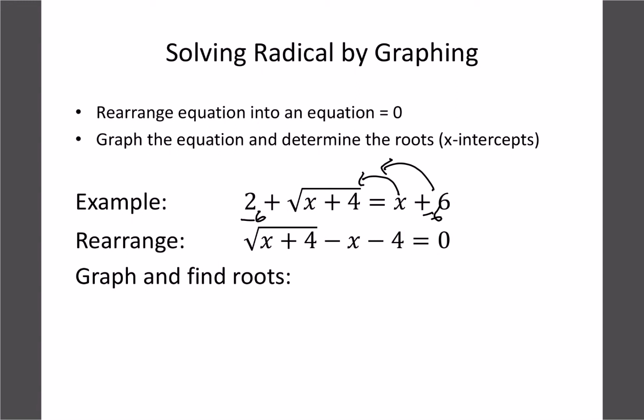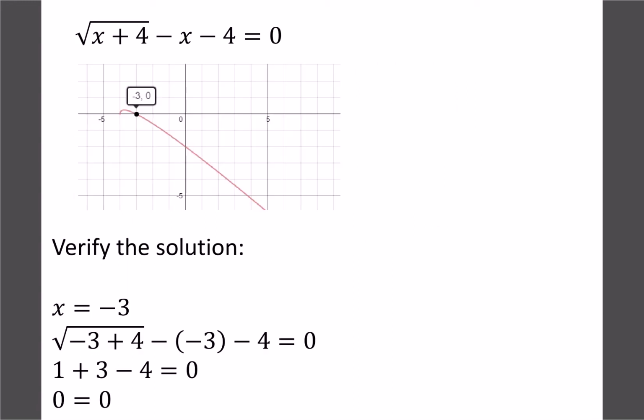Once you have that equation, you're good to graph. Just plug it in on your calculator and graph it. From the graph, all we do is find our x-intercepts. You can see it's at -3. If we plug -3 into our equation, it does indeed work out, so -3 is a valid solution.